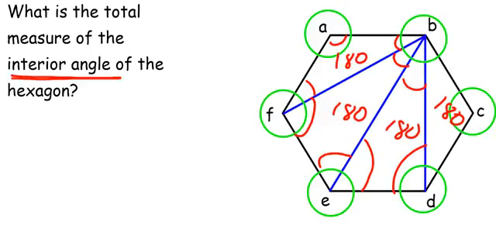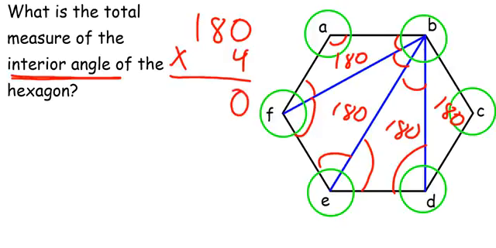So because of that, I can take 180, multiply by 4, because there are 4 triangles inside of that, and get what A plus B plus C plus D plus E plus F equals. So do some quick multiplication. I get an answer of 720. Now 720 is all of the angles added together, because I've included everything by putting all of these triangles together.